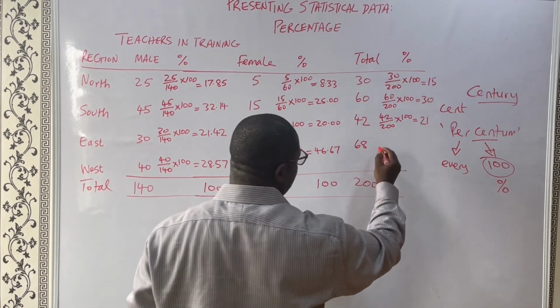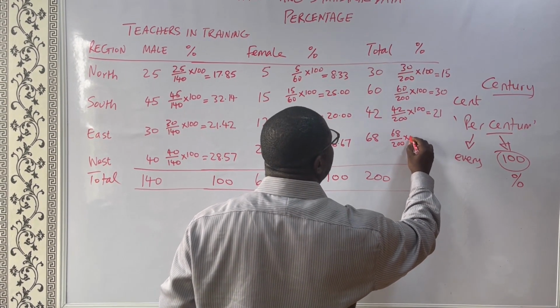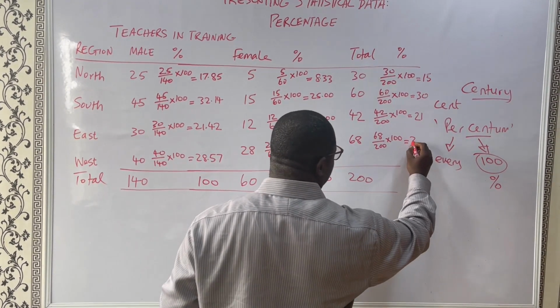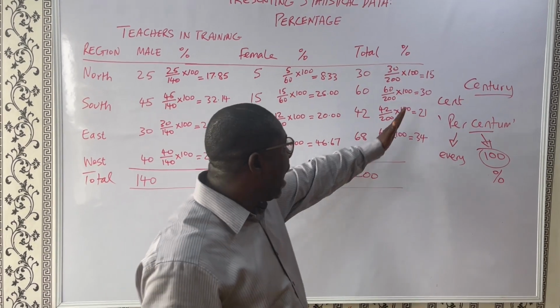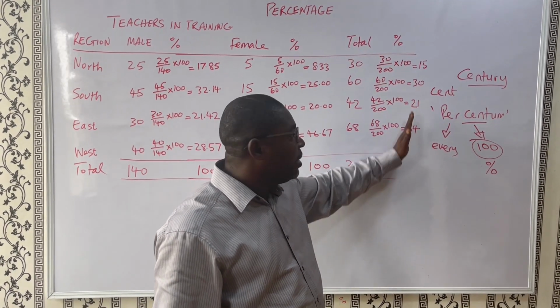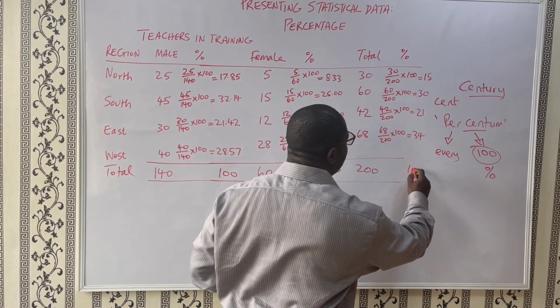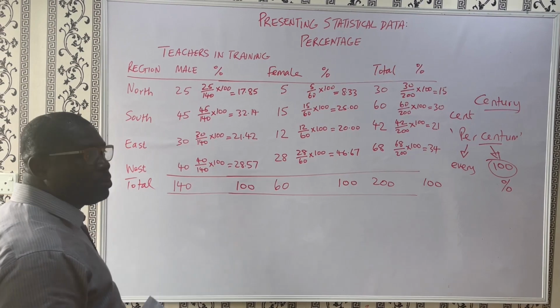And the last one is 68 divided by 200 times 100. That will give us 34. So by the time you add these values, it should give you also 100% on this side.